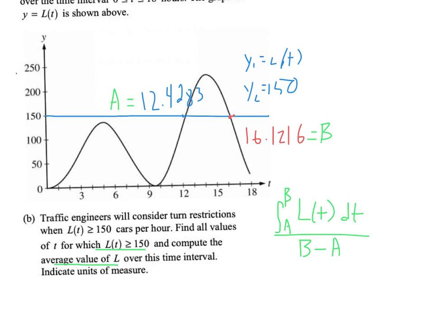So we're dividing the total accumulation here by the width of that interval. And when we do that, we should get 199.426-ish. And by ish, I mean 0.426.